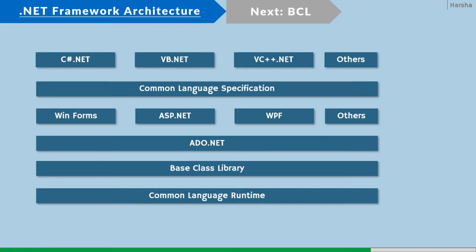Don't worry, we will discuss about the WinForms, ASP.NET, WPF, ADO.NET, base class library in the further moments in the same lecture. We have already understood about CLR, right? And all these libraries, that is BCL, ADO.NET plus WinForms, ASP.NET plus WPF, equal to FCL. So these are the inner components of FCL. I have already explained about CLR. We require more clarity on BCL, ADO.NET, WinForms, ASP.NET, etc. That's what we will do in the further moments.